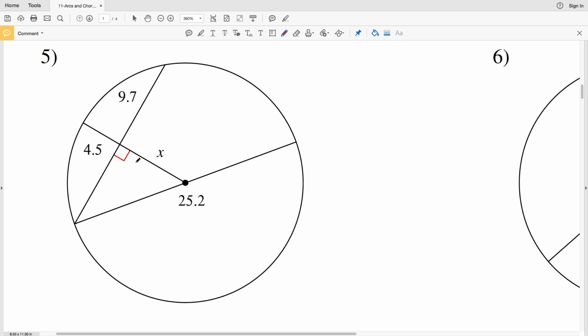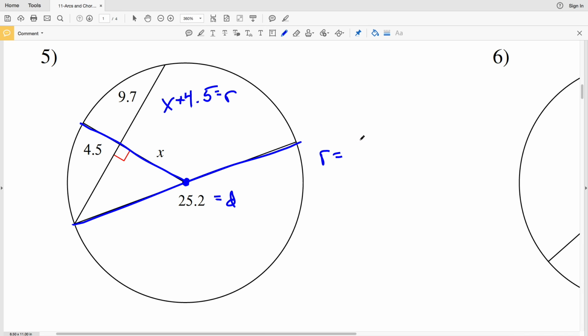And number 5, again, this is a radius because it intersects a chord perpendicularly. So x plus 4.5 will equal the radius. Now we just need to solve for that radius r. They give us that the diameter, which is this straight line that goes across the circle intersecting that center point, is 25.2.